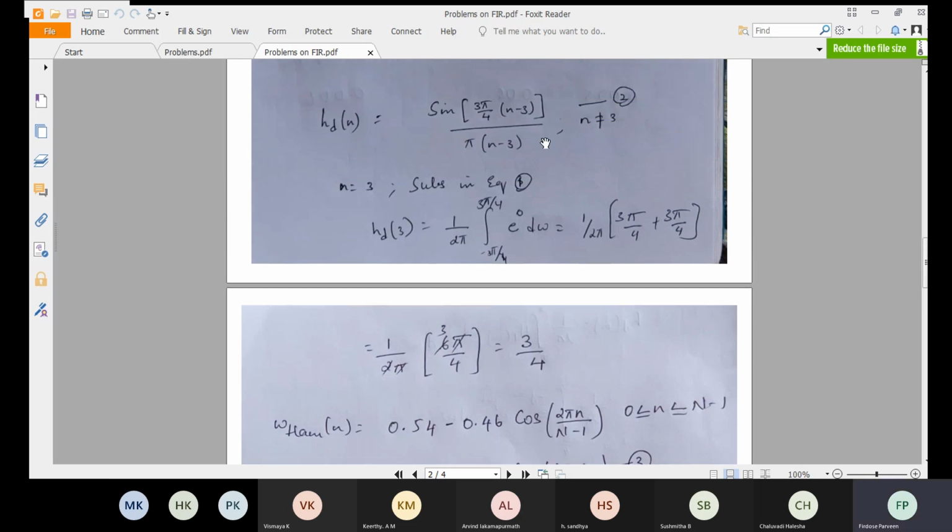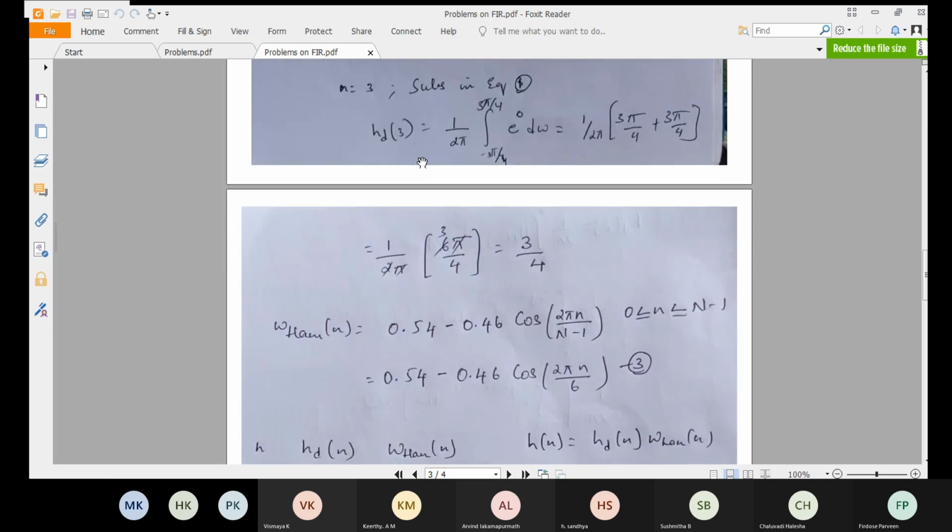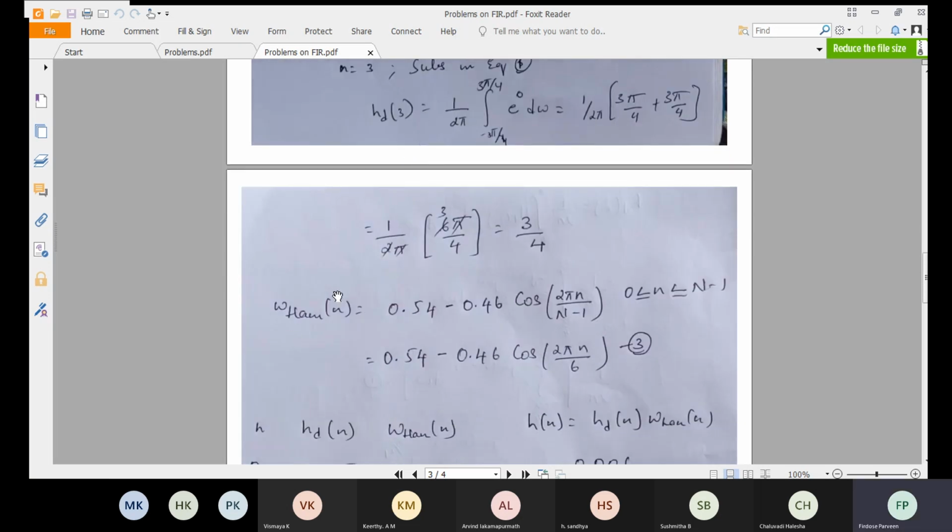h_d(n), you take down this formula. Okay. Calculate the Hamming window formula. Take it down and calculate, and tell me what answers you are getting. This is also asked in the previous question papers.